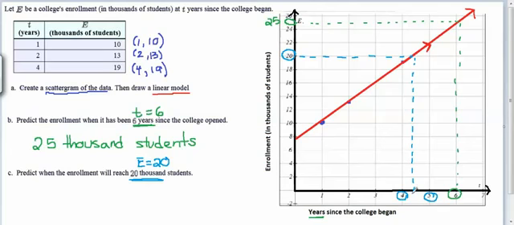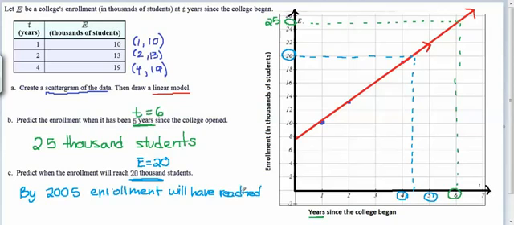So we could say the enrollment of 20,000 was reached during 2004, or we could say the enrollment of 20,000 students will have been reached by 2005. So we could say by 2005, enrollment will have reached 20,000 students.